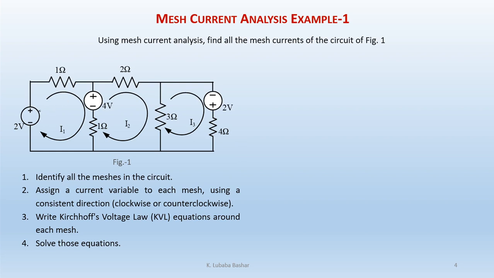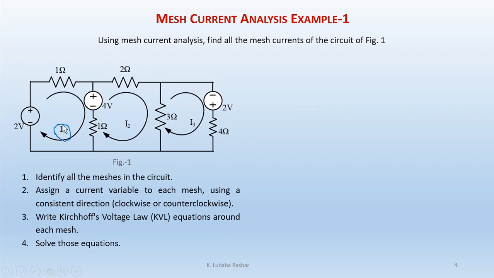Okay, one thing to remember, that is when you are writing a mesh equation for any mesh, that is I am writing mesh equation for mesh 1, you have to consider this mesh current larger than any other currents of the circuit. When I am writing KVL equation for mesh 1, I have to consider I1 the larger one among these 3 currents. Got it?